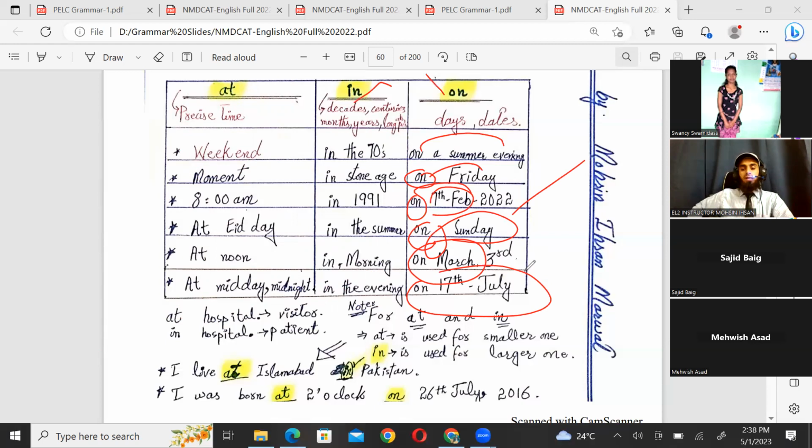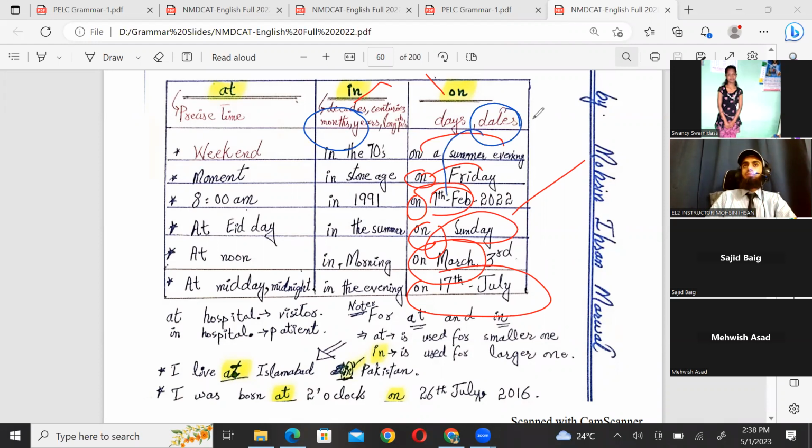If you are going to say, I would meet you blank January, which word do you use, in or on? In. There we have to use in. Yes, right? I'll meet you in January. With the names of months, you must use in. But if you are also going to mention the date with the name of the month, then you must use on.